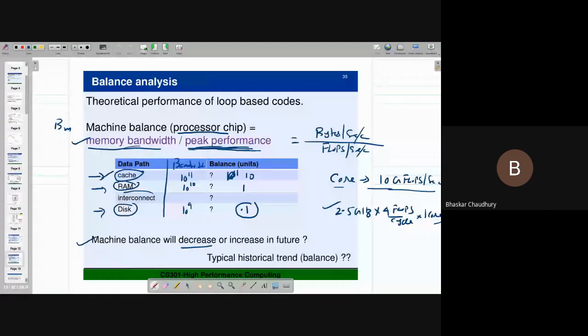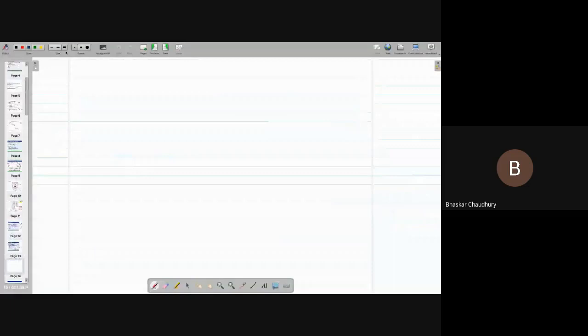Let's write a good code. BM is fixed because the machine is given. You cannot change the machine. So does a good code have a small code balance or a higher code balance?